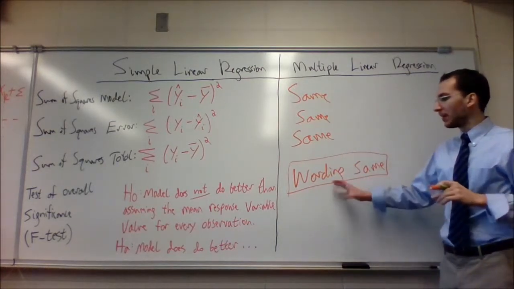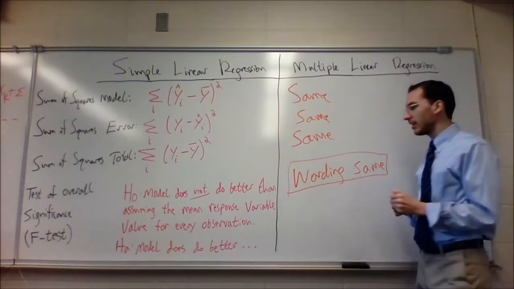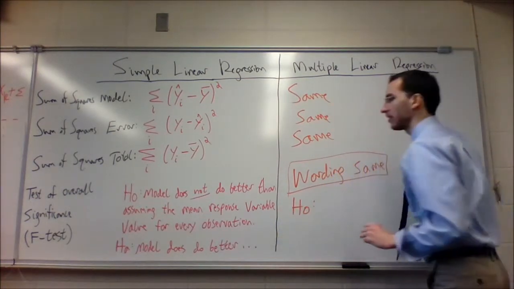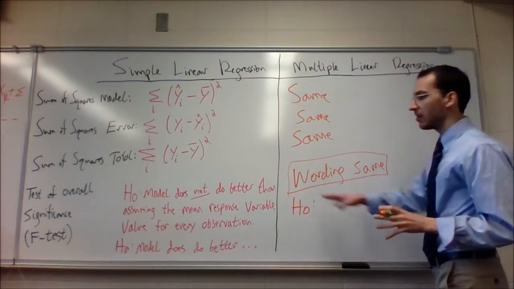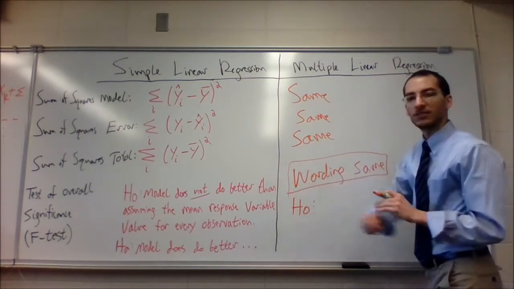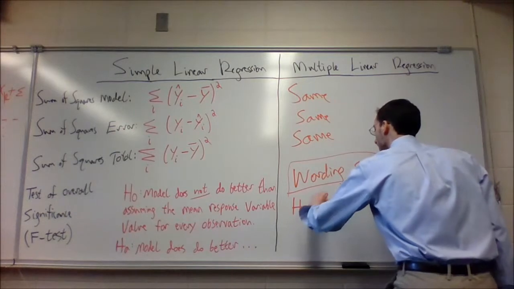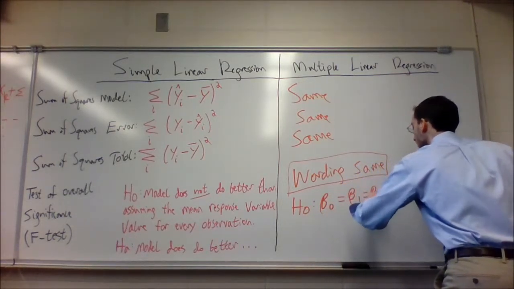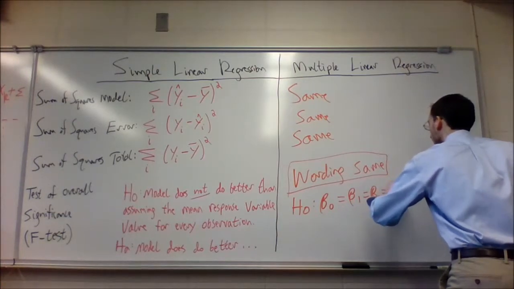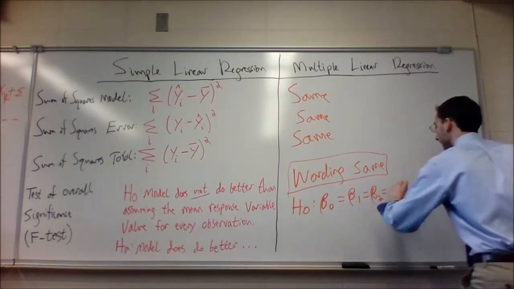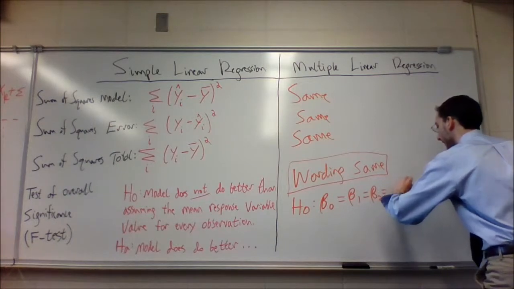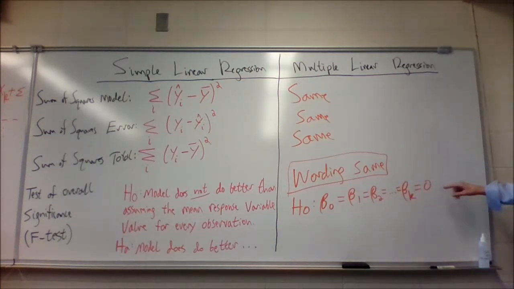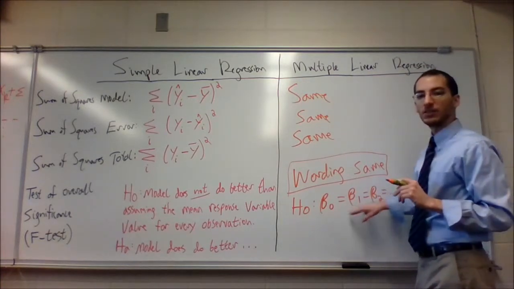But there's a little bit of an extra idea loaded in this. The way the book likes to categorize the overall test of significance for the model is that each slope coefficient is equal to 0. Every single one is equal to 0.